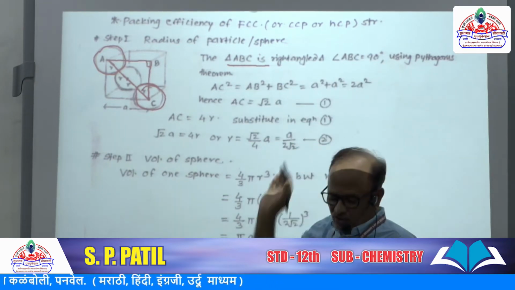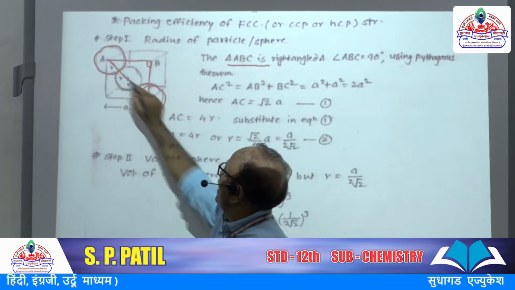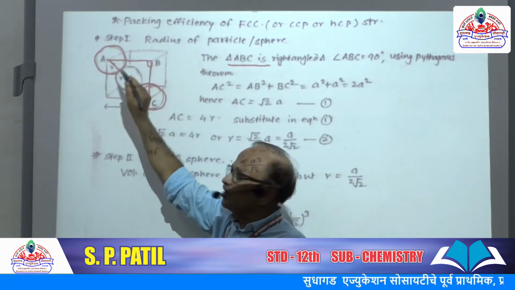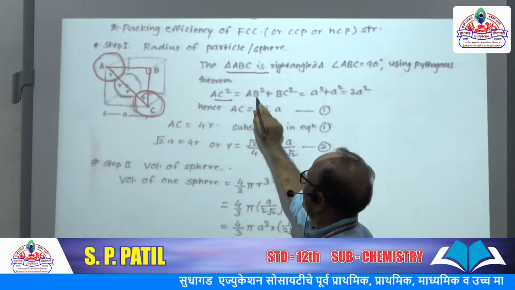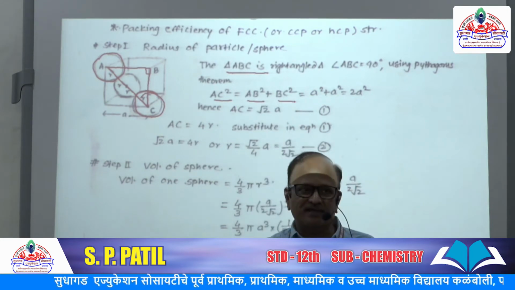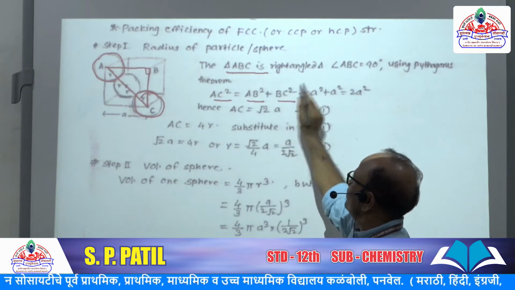So here, using Pythagoras theorem, hypotenuse square is equal to the sum of squares of both sides. So AC square, AC is the hypotenuse, AB is one side and BC is another side. So AC square is equal to AB square plus BC square.